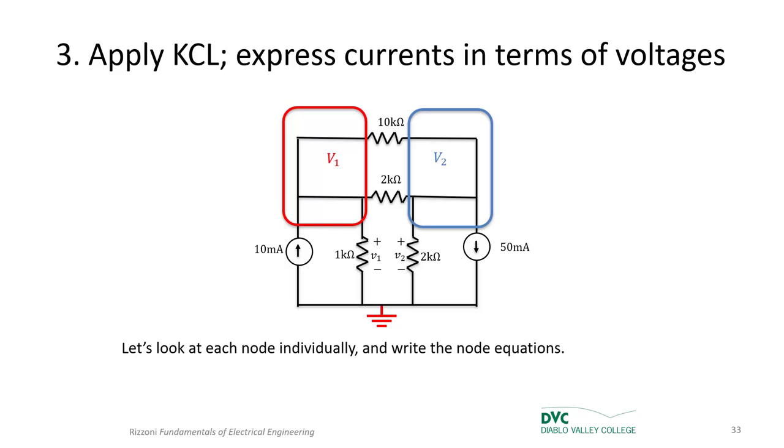All right, so our next step is to apply Kirchhoff's current law and express our currents in terms of the node voltages. Does this circuit look familiar? Turns out we actually started doing this during our early examples.